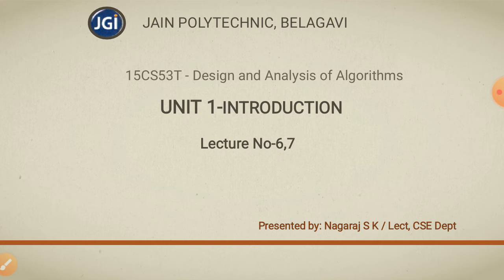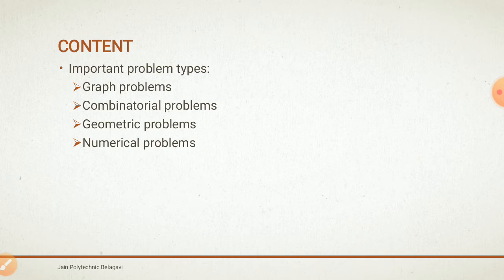In this video, we will continue with the introduction part of design and analysis of algorithms. So, here we will discuss the important problem types such as graph problems, combinatorial problems, geometric problems, numerical problems.